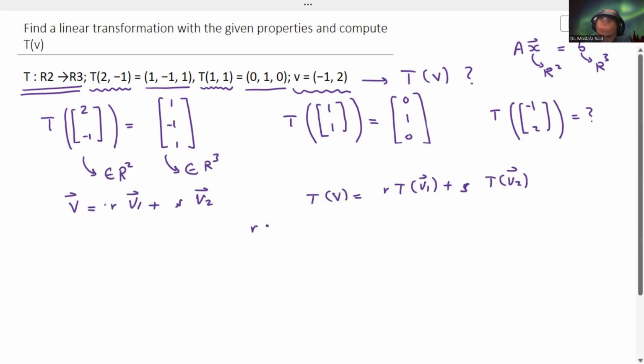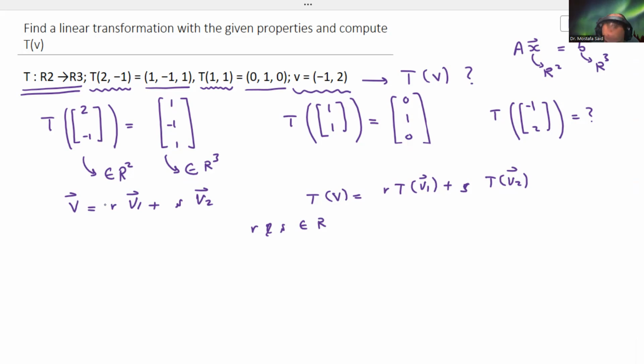R and S both belong to R, real numbers. Good. Do we have this case here? It should be mentioned in the question. The question doesn't mention it, but you should assume it, otherwise you will not be able to solve it. You should assume that v is a linear combination of (2, -1) and (1, 1).